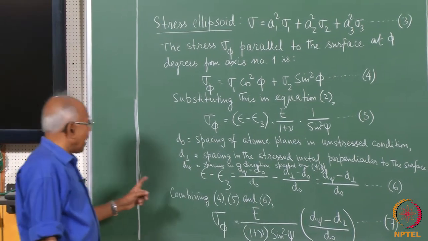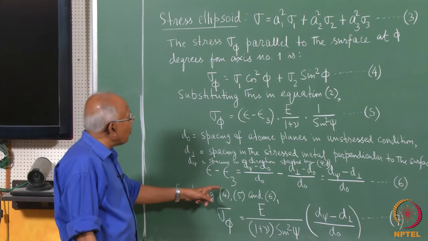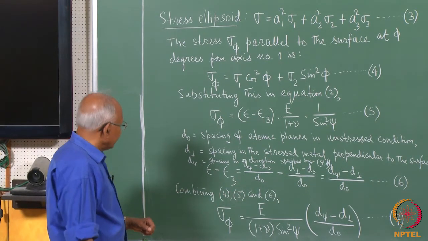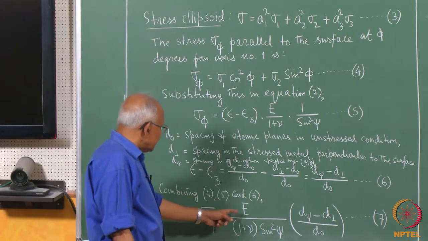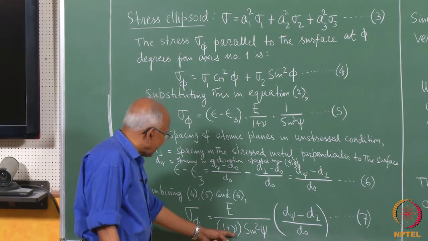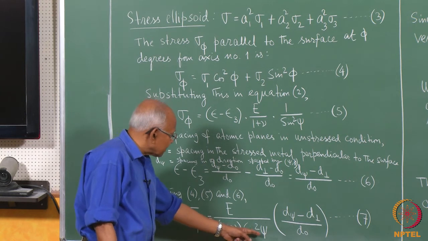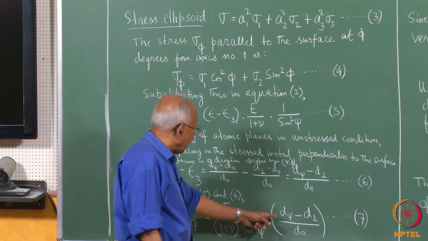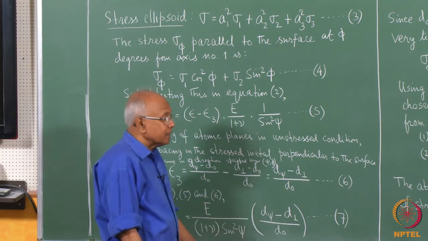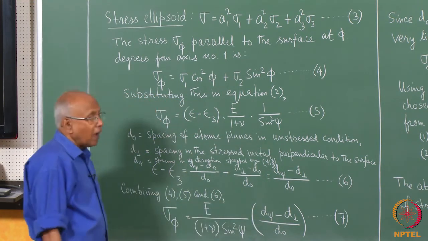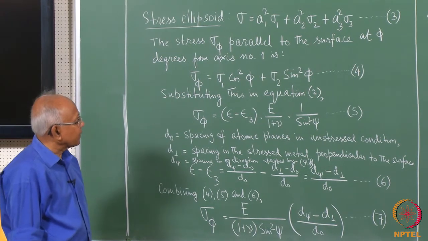Now, if we combine equations 4, 5 and 6, then we get sigma phi equal to E divided by 1 plus nu sine square psi, the whole thing multiplied by d psi minus d perpendicular by d0. This is our equation 7.